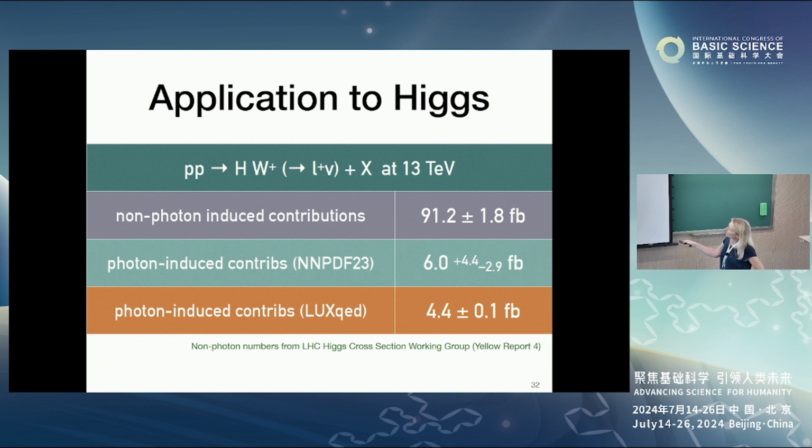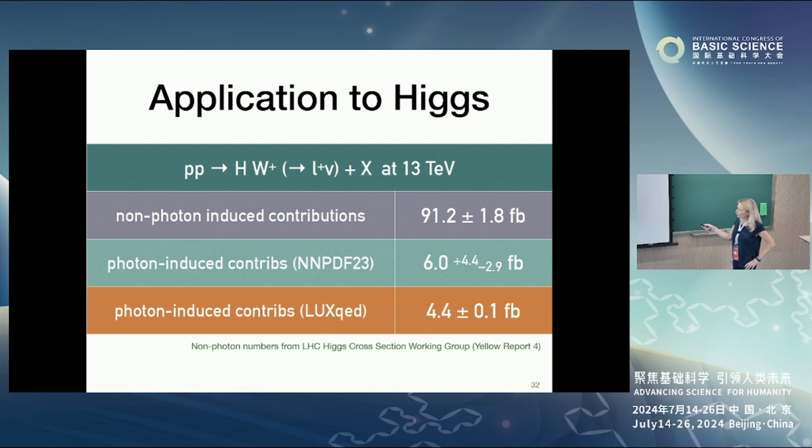So the non-photon-induced cross-section is about 90 femtobarn, with an uncertainty of about 2. And at the time, people estimated that the photon-induced one is about 6 femtobarns, with this huge uncertainty of about 4 femtobarns. So this was dominating the uncertainty here. And now with our new calculation, we could show that this contribution is a bit smaller than what people thought, but most importantly, has now a really negligible uncertainty.